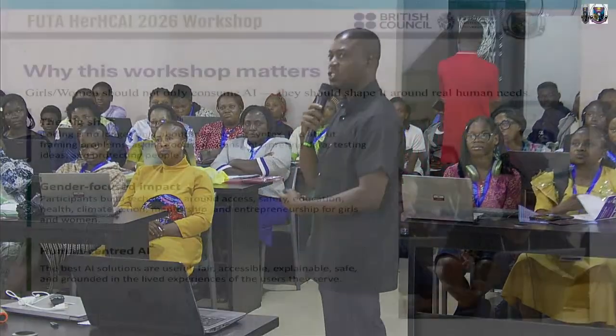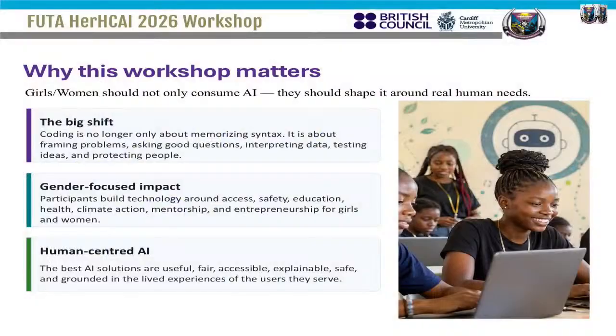So why does this workshop matter? The big shift: we no longer code. Nobody codes. If I want to develop a dashboard, majority of us, if asked to develop a dashboard using Excel, would have to sit down, structure, design, and the likes.